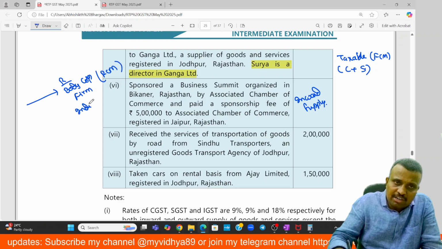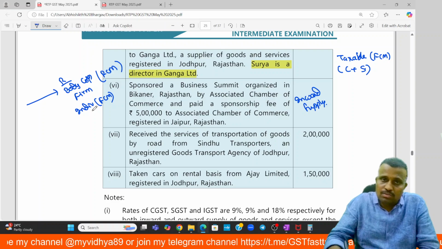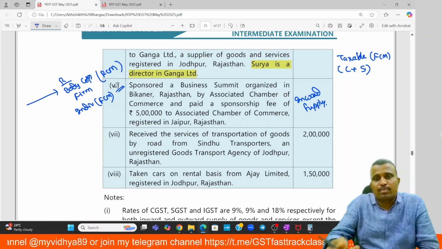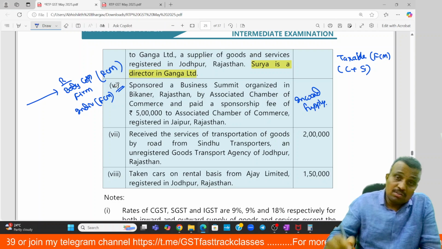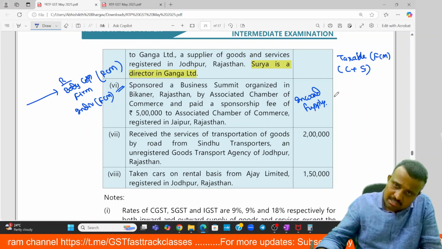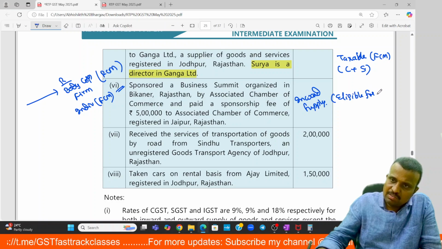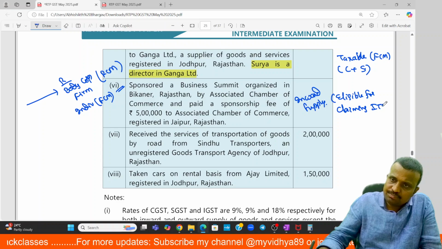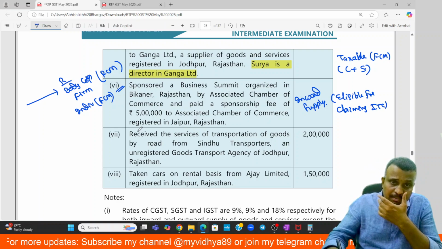If it is an individual, that is covered under forward charge mechanism. So here it is providing to Surya, so it is covered under forward charge mechanism. And is it eligible for claiming the ITC or not? Yes, eligible for claiming the ITC.